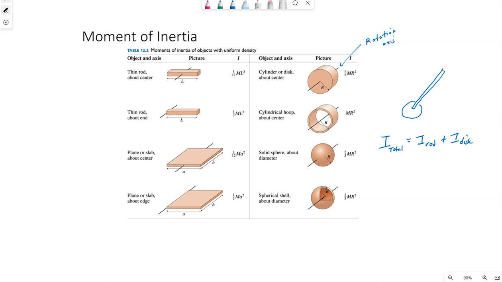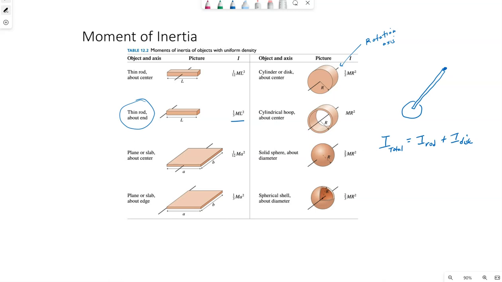The total I for a system is equal to the sum of I of the individual objects. Here, since the pivot's at the top, I would choose the thin rod about the end, so 1/3 mL squared, where L is the total length. And then I would also need to add the disc.